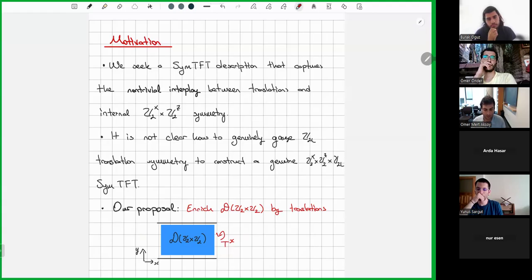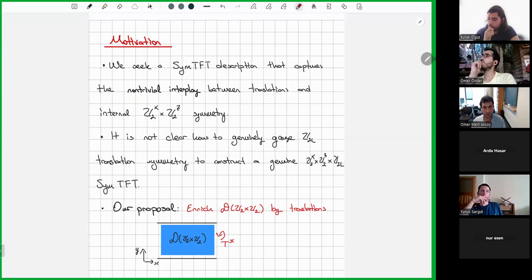But if you have some space-time symmetry, it's far from obvious how to genuinely gauge, how to write a gauge theory for translation in 2+1D. Actually, I don't know if lattice translation can even be gauged to begin with. So that's not a well-defined notion, at least to me. So we'll do the best thing that we can do after that.